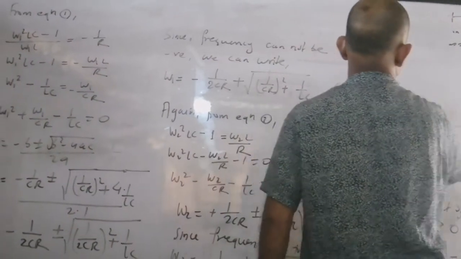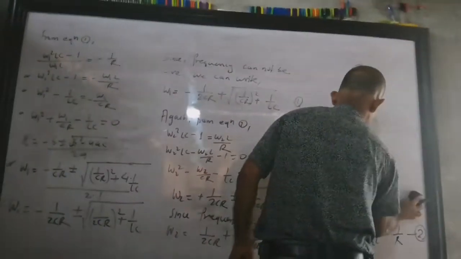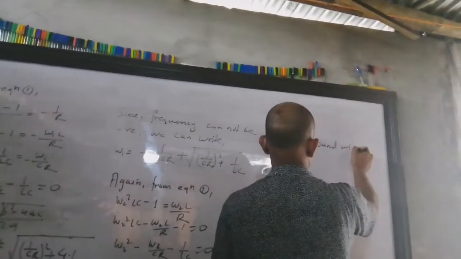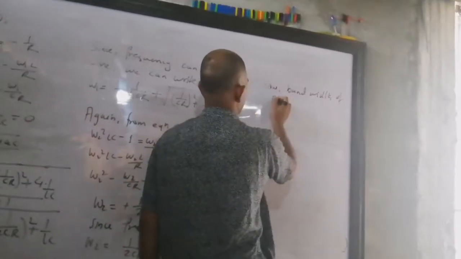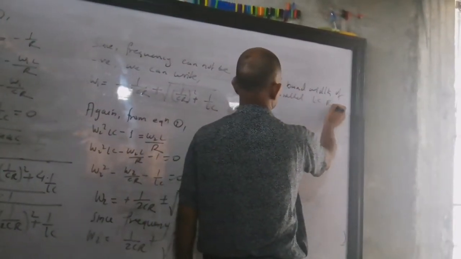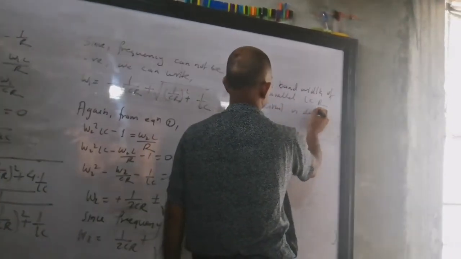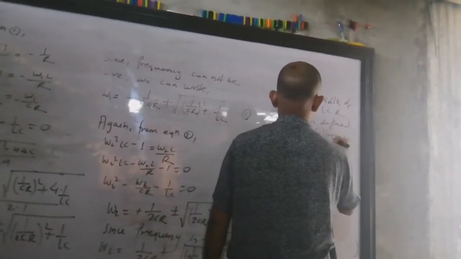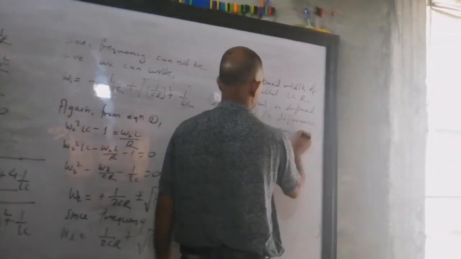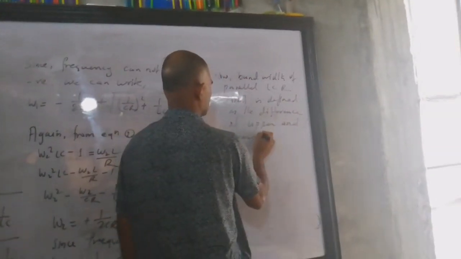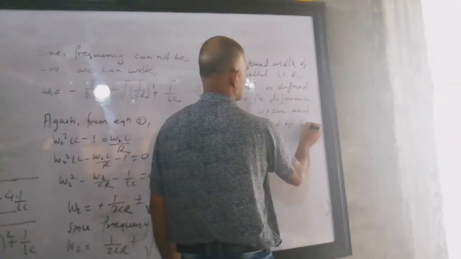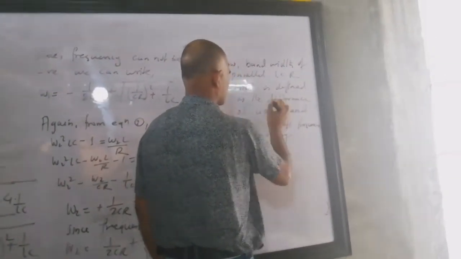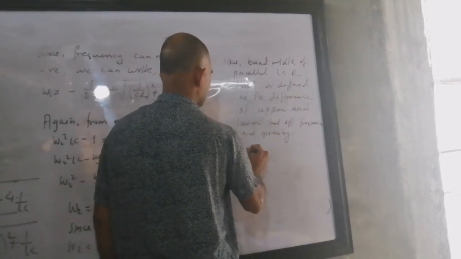Now the bandwidth of a parallel LCR circuit is defined as the difference of the upper and lower cutoff frequencies, and that's the bandwidth, the difference.